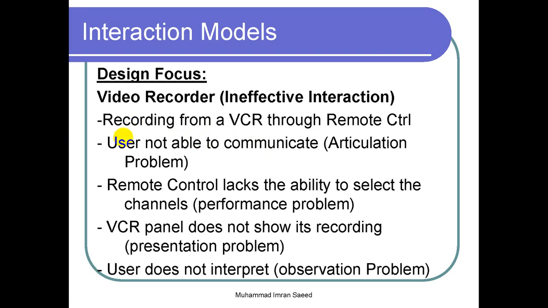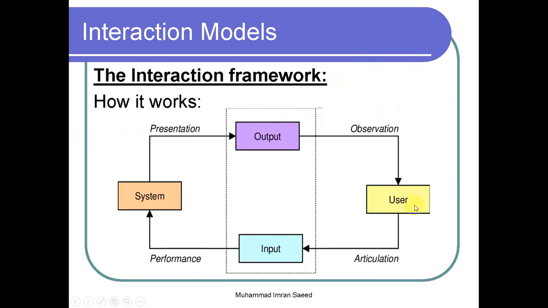So if he is not able, then it is an articulation problem. I told you, when the user gives the input, tells the system what to do, it is articulation. If the user does not know how to use that particular remote control to record something, then it is an articulation problem. That is, the user is unable to tell the system what to do.